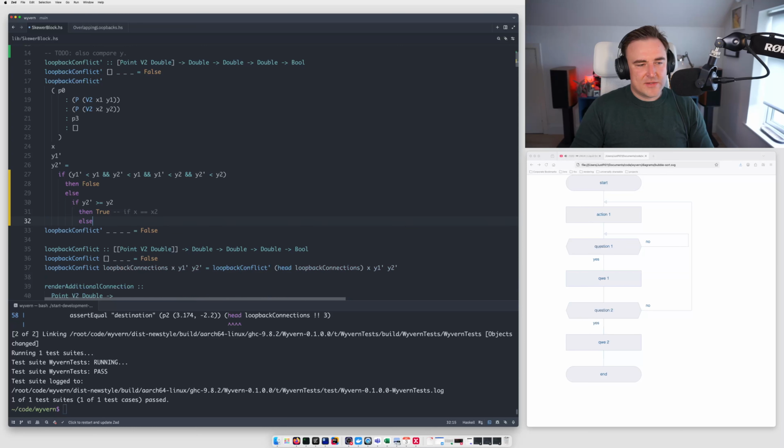So else. We don't really have that many options here. Either the second connection could be underneath the first connection, or the second connection could be overlapping like this, or it could lead to the same y2.